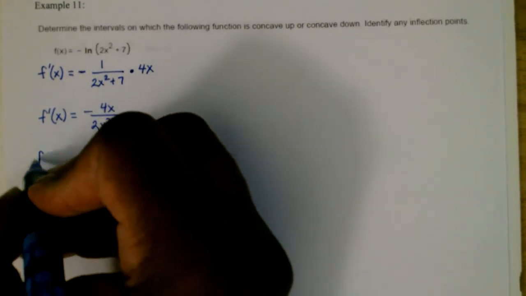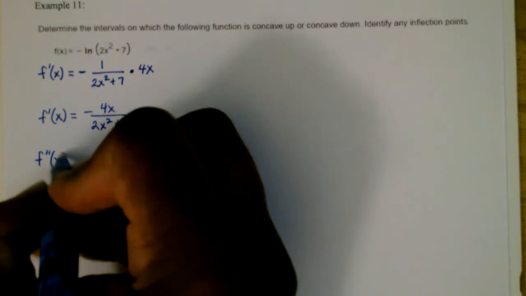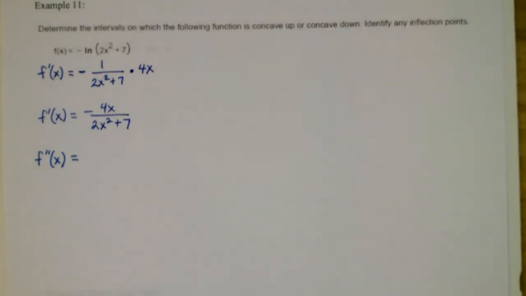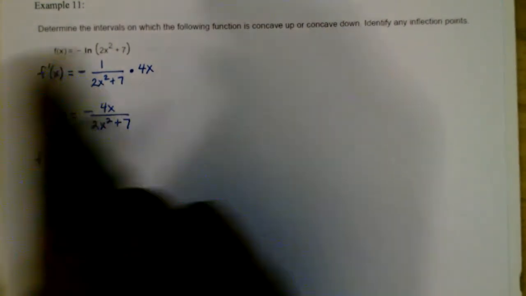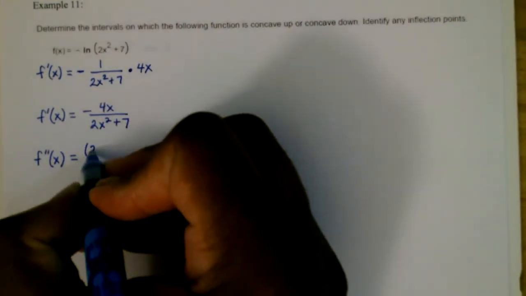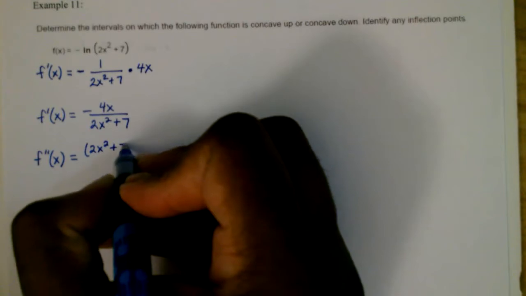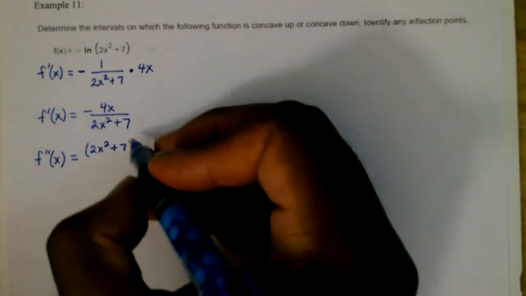Now we need to take the second derivative of our first derivative. This time, we have to use the quotient rule, as I have a numerator and a denominator. And of course, if you remember, the rule is this. We take our denominator, which is 2x squared plus 7, times the derivative of the numerator.